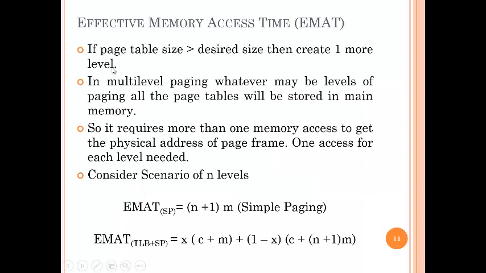So how to calculate effective memory access time, like we have calculated in simple paging and paging with TLB. Now if we talk about multi-level paging, the simple statement is, if page table size is greater than the desired size, our requirement, then we will create one more level as per our requirement. So in multi-level paging, whatever number of levels we increase, it will be stored in the main memory. That is the important point that we have to note.